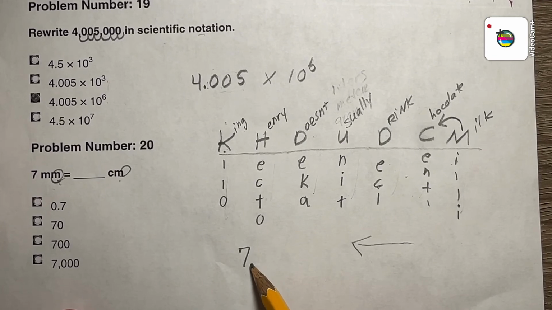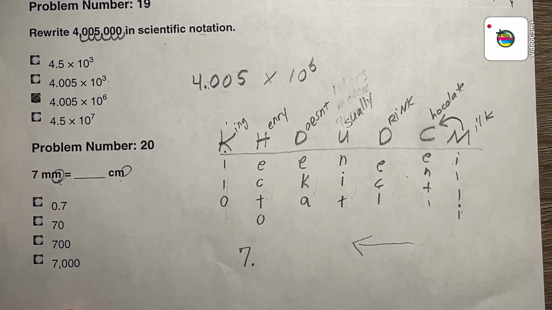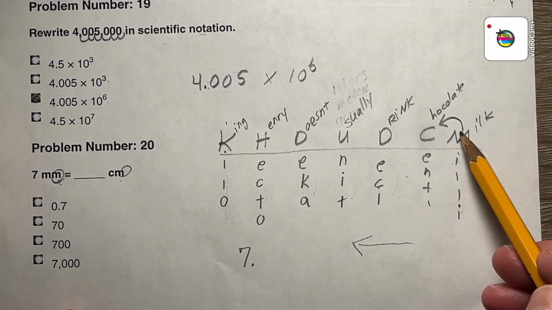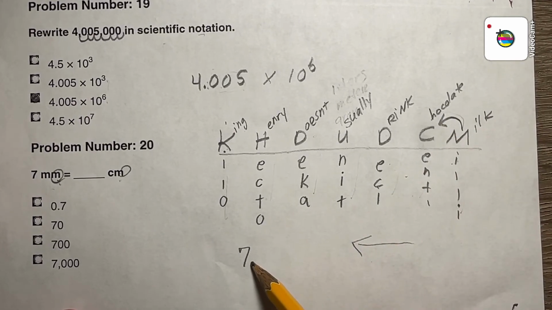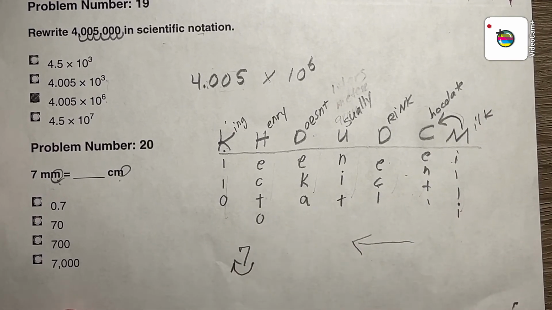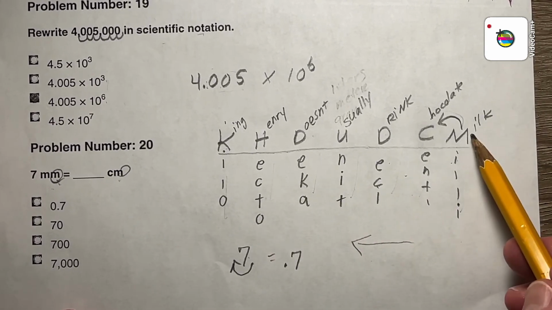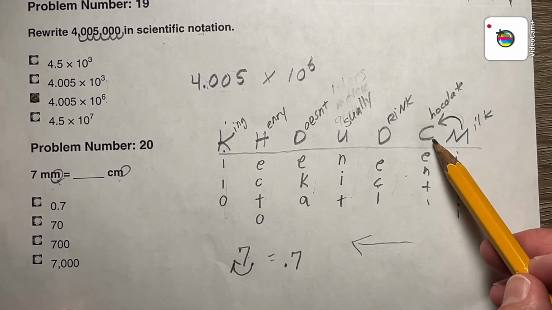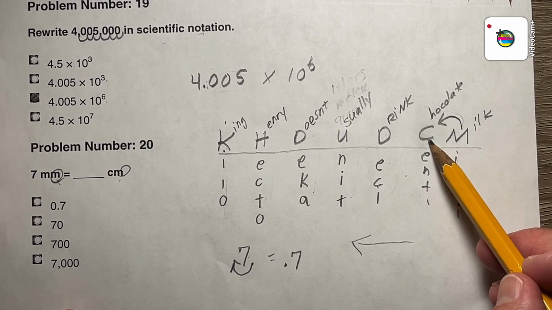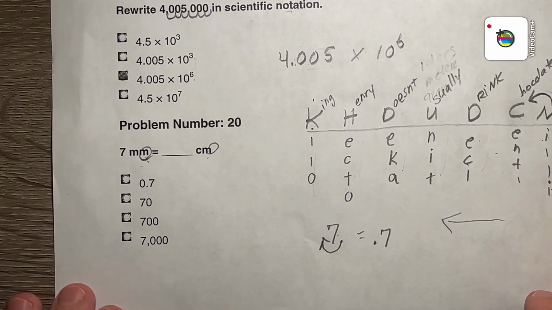The decimal place is right here since it's a whole number. And we're just going to be moving it one place to the left, making it 0.7. So 7 millimeters is equivalent or equal to 0.7 centimeters.